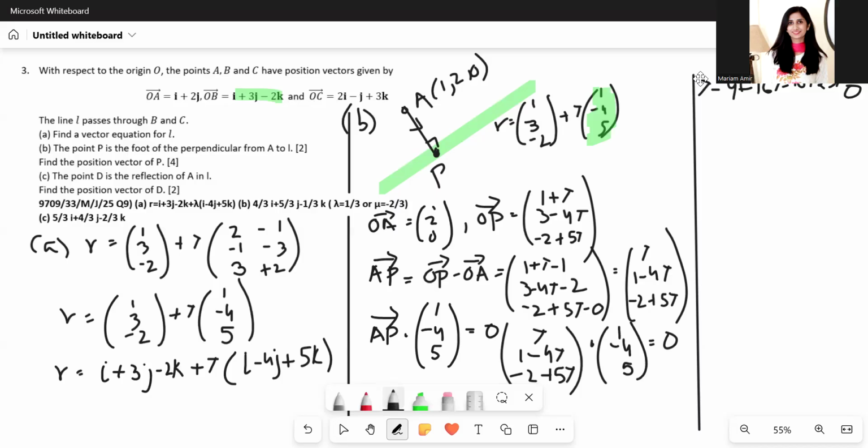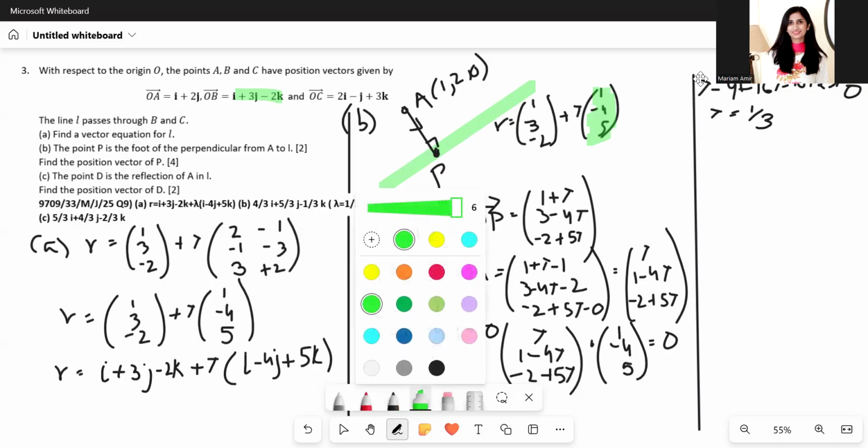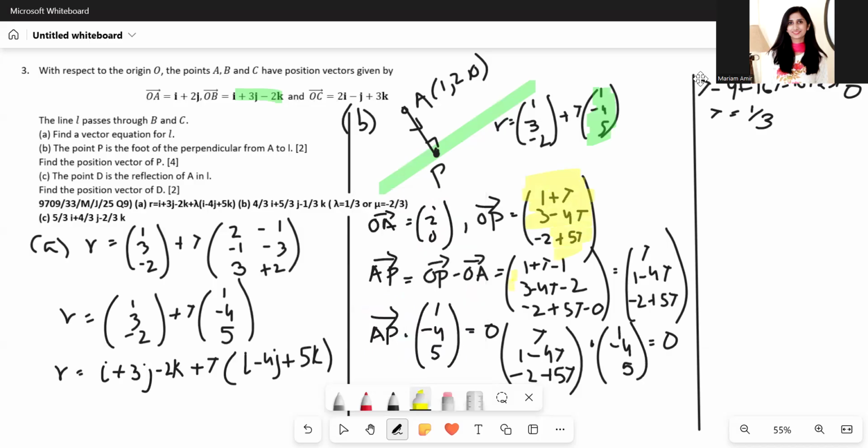Now when you solve this, you'll get lambda equals 1/3. And we need to find the position vector of P. So what we'll do now, we'll just substitute the value of lambda in this equation, and you'll get 4/3, 5/3, minus 1/3.